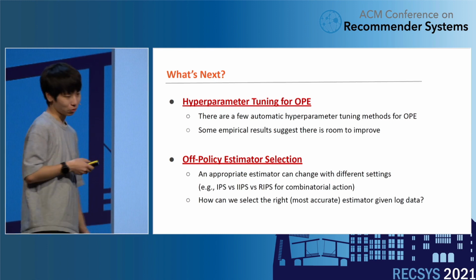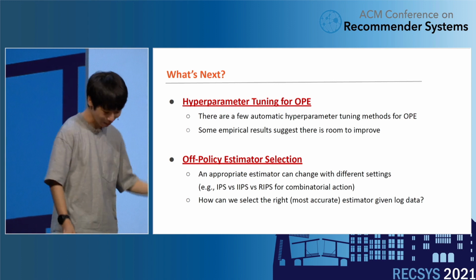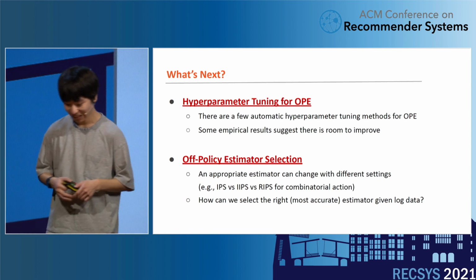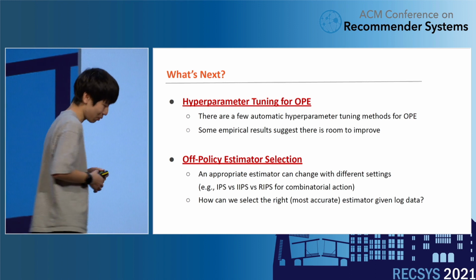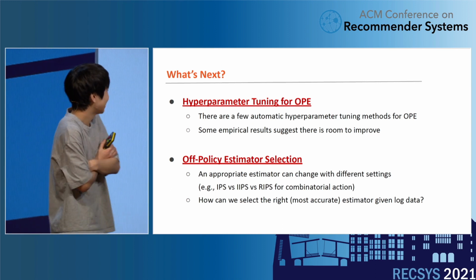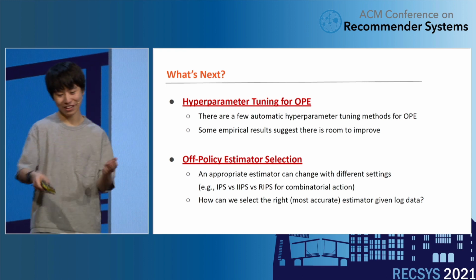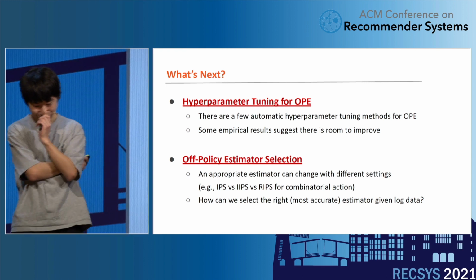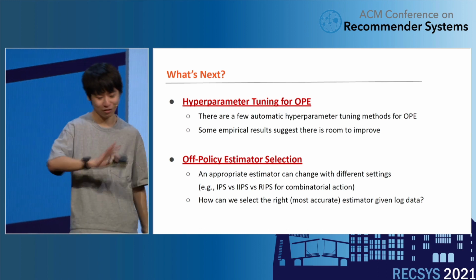Hyperparameter tuning is also, I think, a very interesting statistical topic. There are only a few papers recently proposing automatic hyperparameter tuning from logged bandit data or available information. In my personal experiments playing with synthetic data, policy hyperparameter tuning is very important to ensure accurate off-policy evaluation.